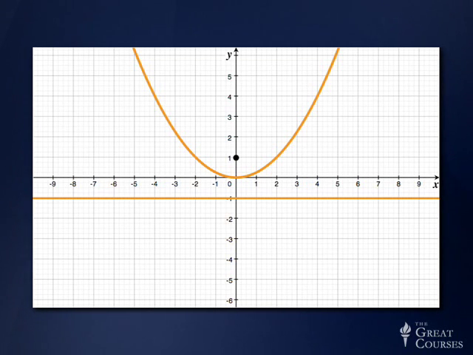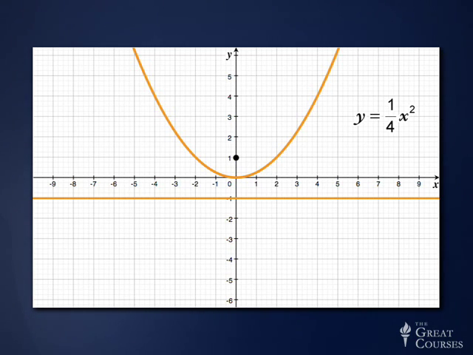And that looks a lot like the parabolas we've already seen. It looks a bit flat though, doesn't it? In fact, that parabola has the equation y equals 1/4 x squared. And it's that extra 1/4 out in front which makes the parabola look a little flatter than it would if the equation had been something like y equals x squared.